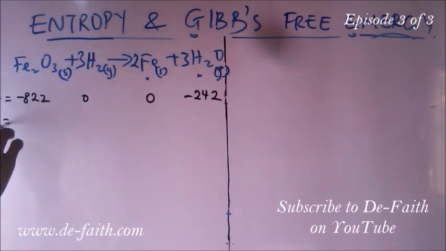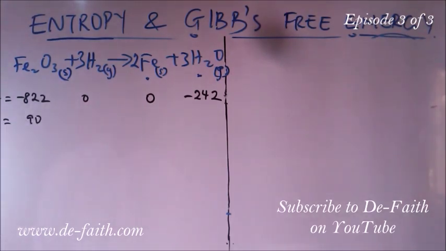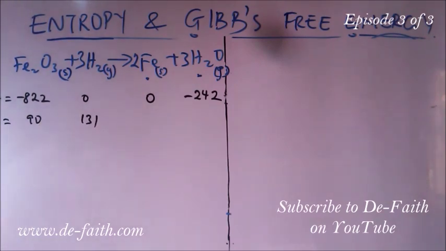Then for entropy, we have 90 for iron(III) oxide, and we have 131 for hydrogen, we have 27 for iron, and we have 189 for water. So with all this, now we can proceed.